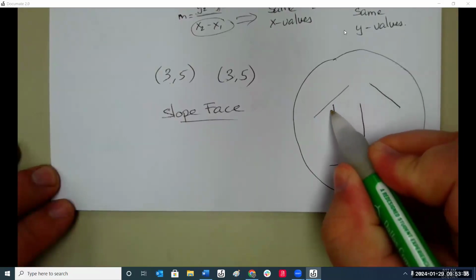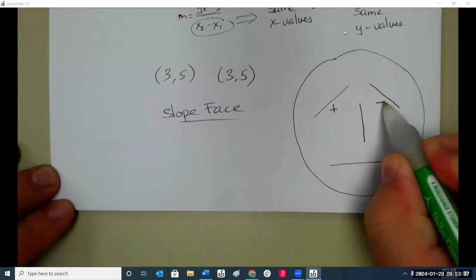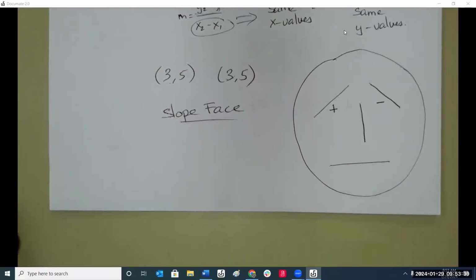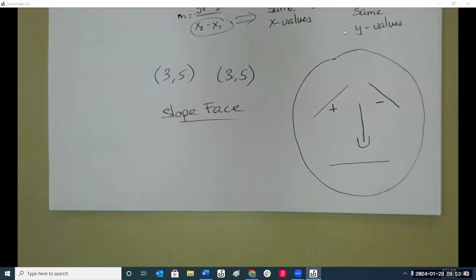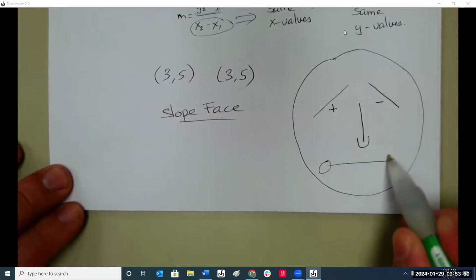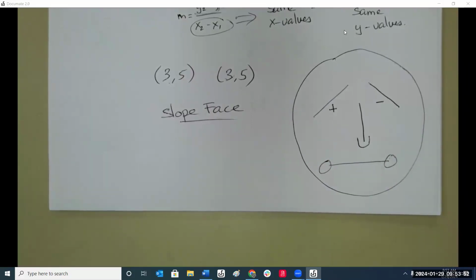If it's going up, it's positive. If it's going down, it's negative. Give him a nose. It's undefined. That's what that U is under there. And the cheeks at the end of his mouth are the slope of 0. Once you understand how to read this graph, it makes a lot more sense. That way, you don't have to memorize anything.